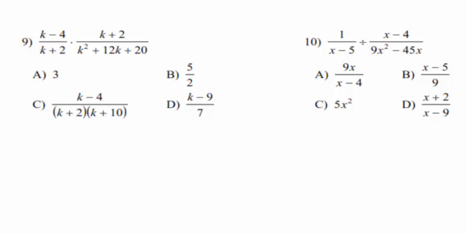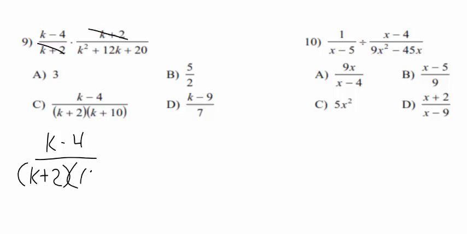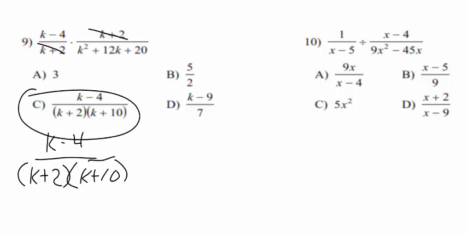Alright, number 9. We can go ahead and get rid of the x plus 2, so they reduce to 1. So now we've got k minus 4 over, well, two numbers that multiply together to give us 20 and add up to be 12 would be k plus 2 and k plus 10. We can't reduce down anymore, so our answer would be C. Alright, so number 10, we've got to keep, change, flip, right? It's division.